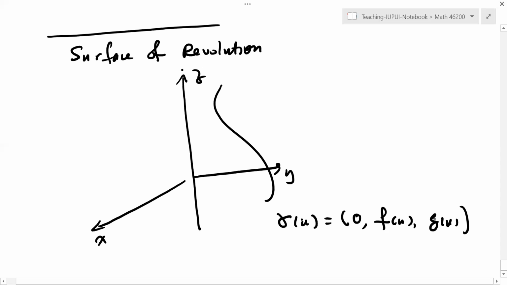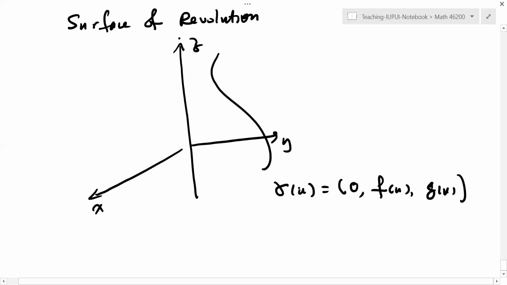How about like that? So this is in the YZ plane. You can also start with the XZ plane. Maybe better to use the XZ plane first, because there is no computation here. So that's the formula.